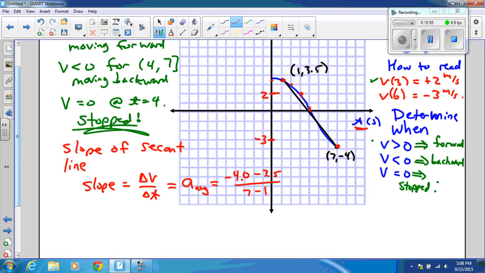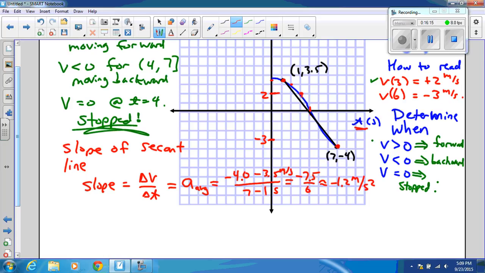Notice that I always do final minus initial, that is the one later in time minus the one earlier in time, which gives me negative 7.5 divided by 6, which is going to be about negative 1.2. What are the units here?